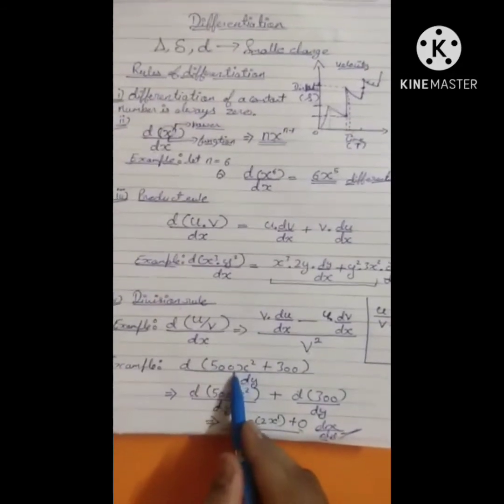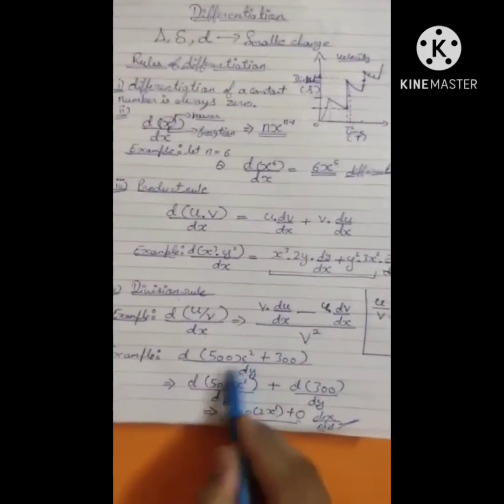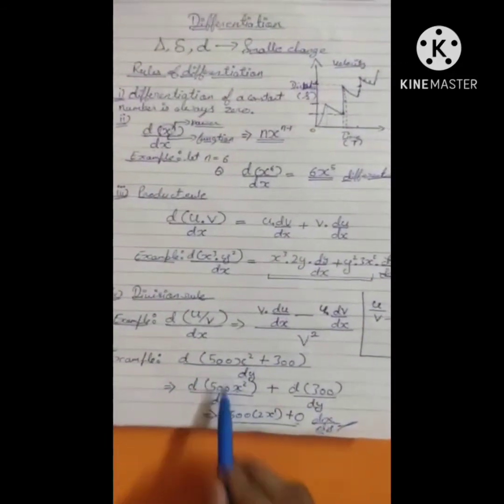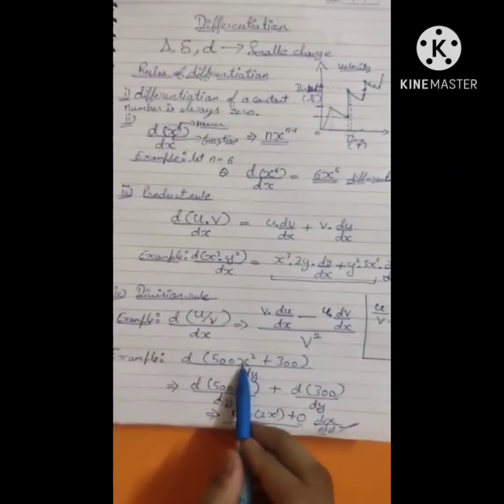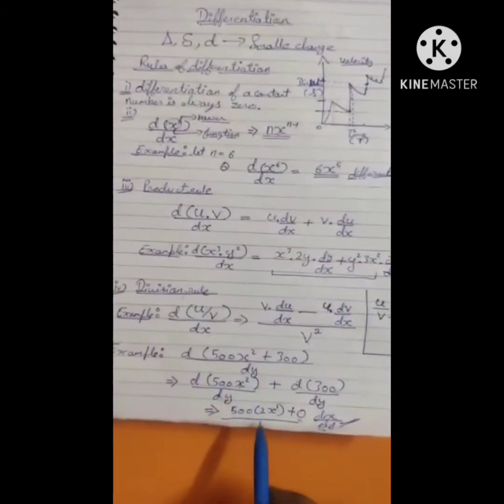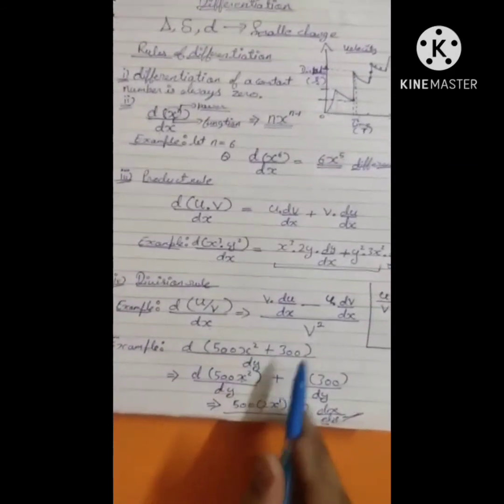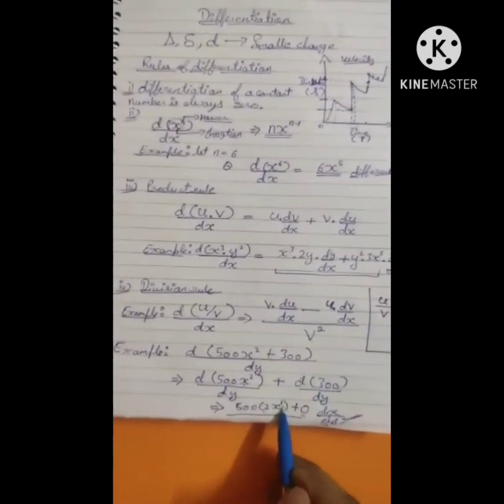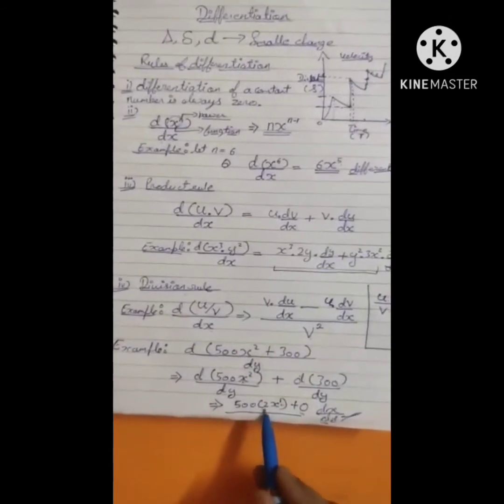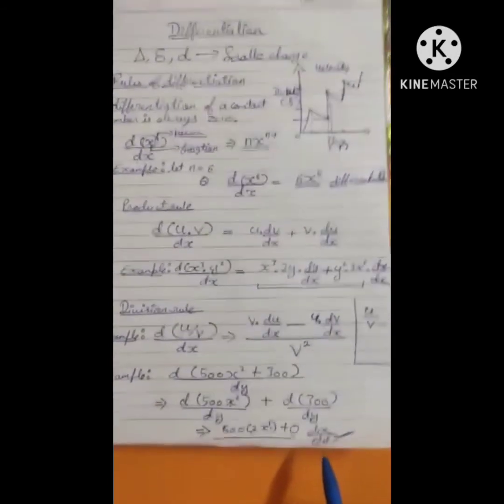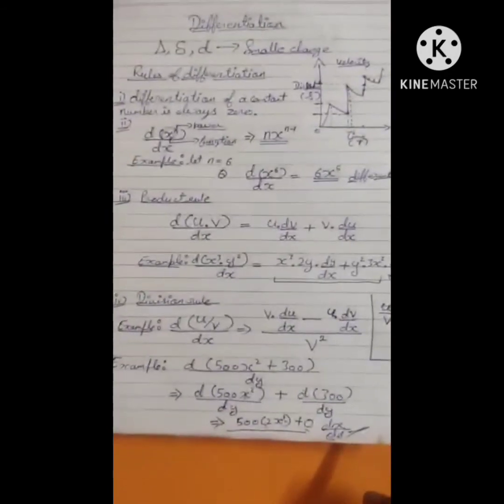The 500 is with a variable, so it can't be 0; it comes as it is. The x power 2 comes in the front with x, and the x power is reduced by 1. So the answer is 500 times 2x, dx upon dy. This is the answer. And thank you.